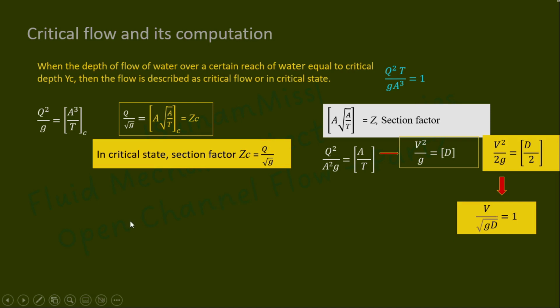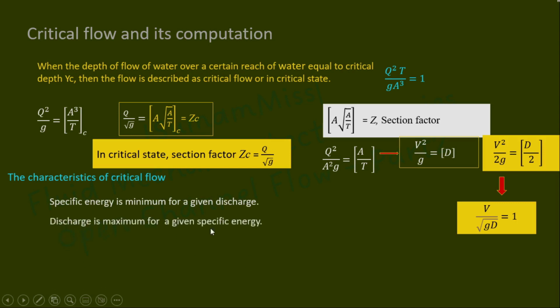To conclude, we can list out the characteristics of critical flow. During critical flow, specific energy is minimum for a given discharge. Discharge is maximum for a given specific energy. Froude number is unity. For a small sloped channel, velocity head equals half the hydraulic mean depth. All these equations are valid irrespective of the shape of the channel.